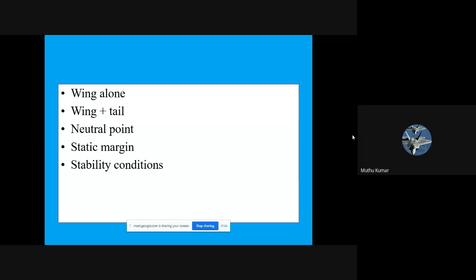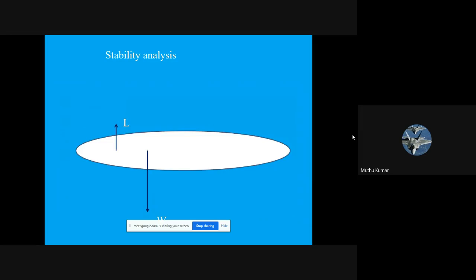Is it visible? The PPT? Yes, sir. Okay, super. So stability is all about these two aspects. Obviously, I have a center of gravity where the weight vector acts, and there is a wing which has a lift vector. No problem. The point is how I am going to use these two, and how I am going to bring stability by using them.